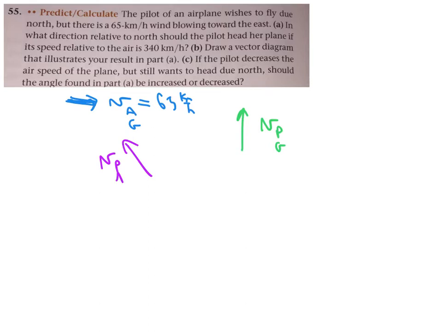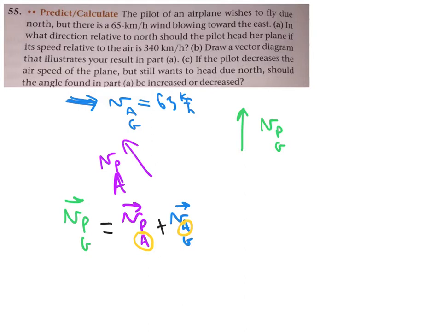The relative velocity equation tells us that the velocity of the plane relative to the ground is equal to the velocity of the plane relative to the air plus the velocity of the air relative to the ground. One thing to note is that you can figure out who goes where by noticing that there's an intermediary that we can get rid of.